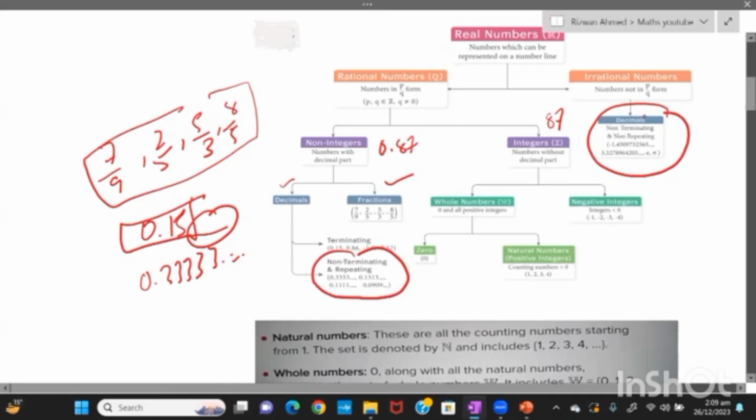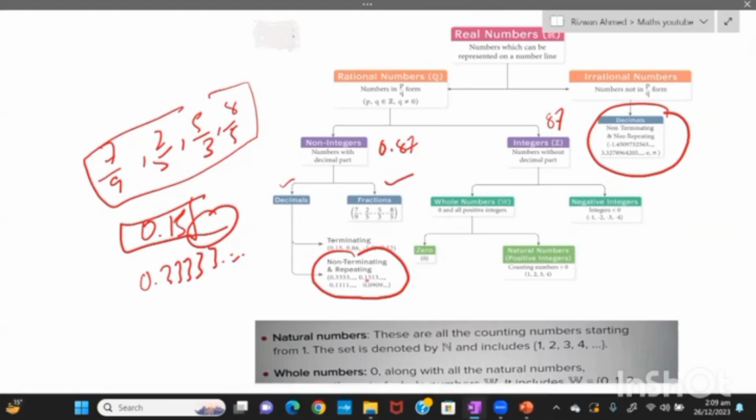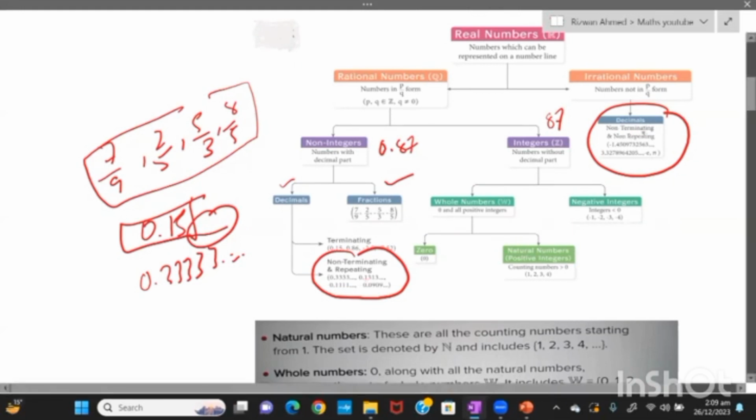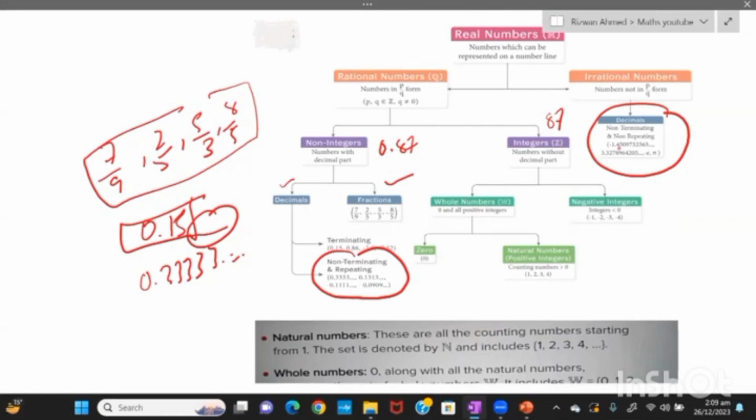After the point, the numbers are repeated the same, like 0.333 or 0.13, 13, 13, 13, and so on. But in irrational numbers, the decimals are non-terminating and non-repeating, they have no end, and the digits are randomly arranged, like 1.450973 and so on.